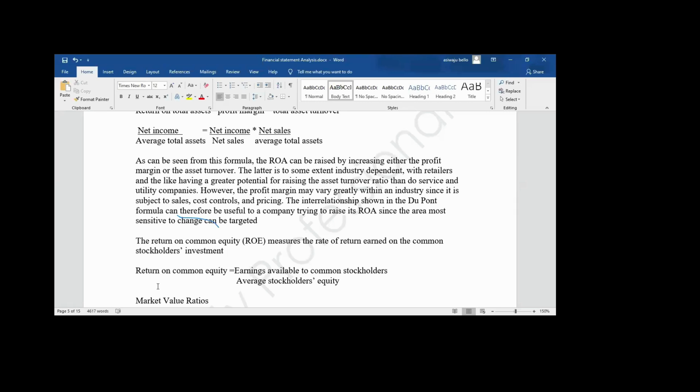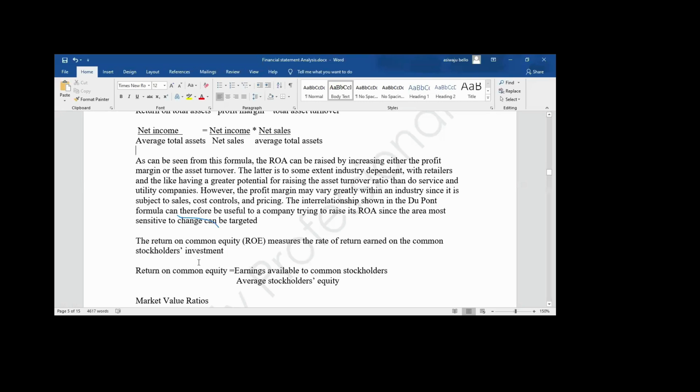That is earnings available to shareholders. That is your profit after tax. Earnings attributable to ordinary shareholders divided by the total shareholders' funds multiplied by 100. We can compute any of this with a view to assessing the profitability performance of a company.